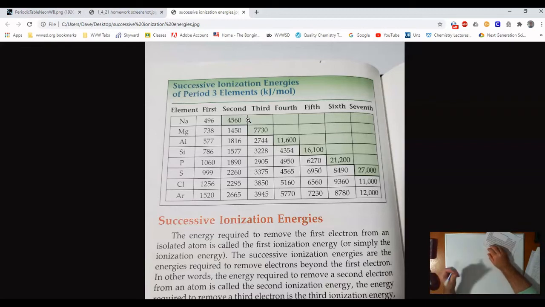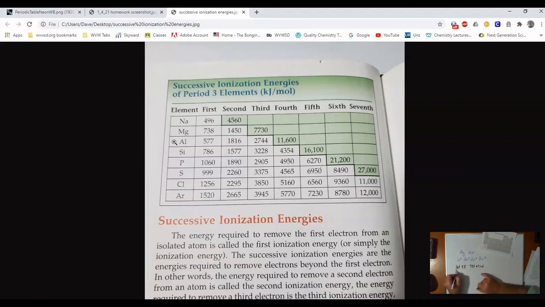All right, let's do the same thing with magnesium. Magnesium is element number 12, so it has 12 electrons. That would be 1s2, 2s2, 2p6, and then 3s2. The first ionization energy for magnesium, we look over here, is 738 kilojoules per mole.